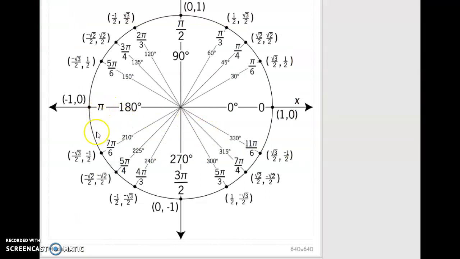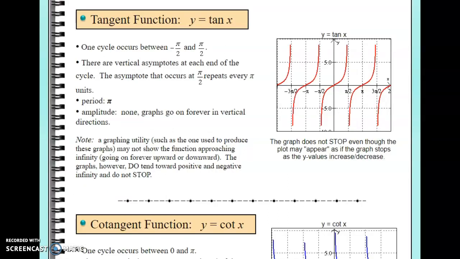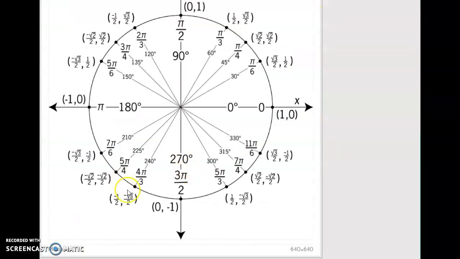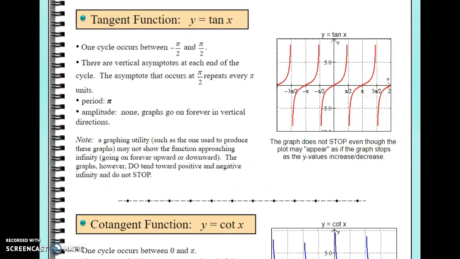And then we continue, and at 225 degrees or 5 pi over 4 radians, we reduce to 1. So we have a point roughly here. So we were here, and then now here. And as we continue around the unit circle, at 270 degrees or 3 pi over 2 radians, we're going to end up with another asymptote because we'll have 0 in the denominator again.